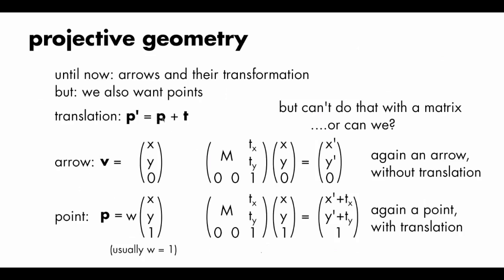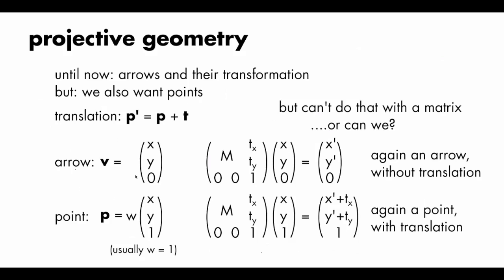So what we want to be able to do with points is move them to another place, like add some kind of translation to them. So p prime equals p plus t is some kind of thing that we would like to express. But we can't do that with a matrix, really. We can't just add something with a matrix. Unless we can.